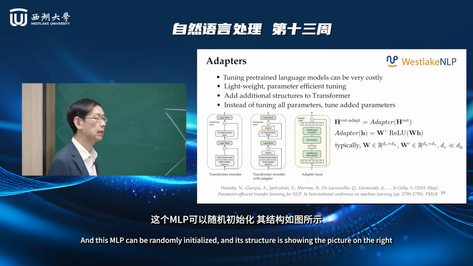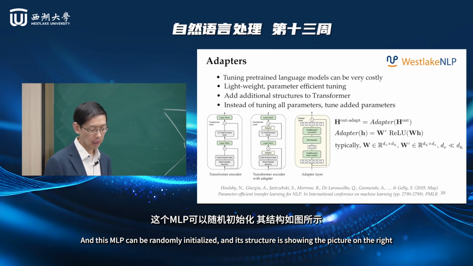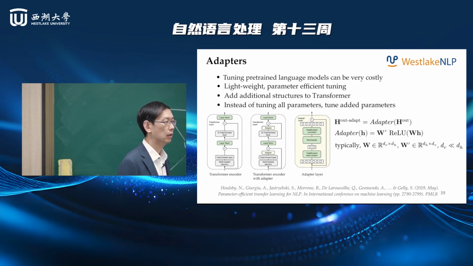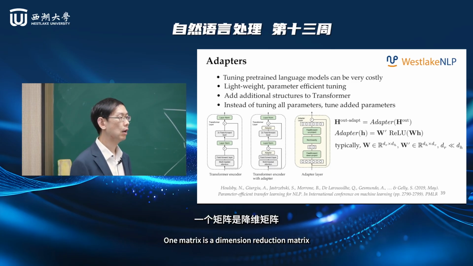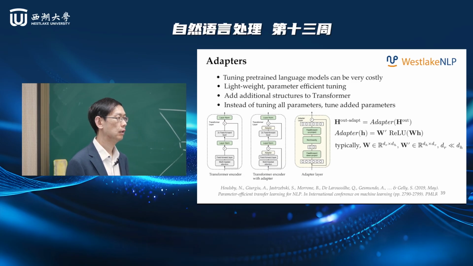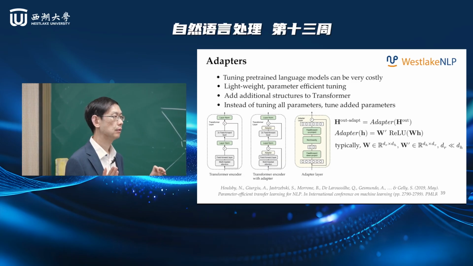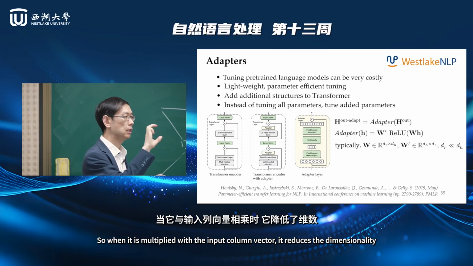And this MLP can be randomly initialized. Its structure is shown in the picture on the right. It can be the connection of two matrices. One matrix is a dimension reduction matrix. It has fewer columns and more rows, so when it is multiplied with the input column vector, it reduces the dimensionality.